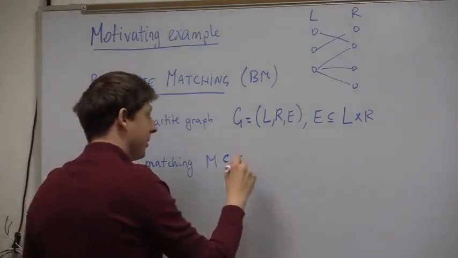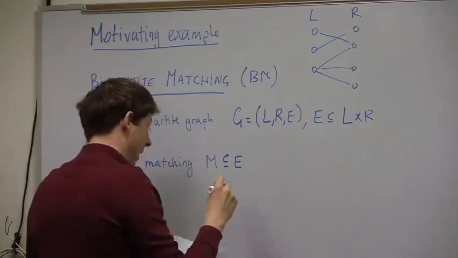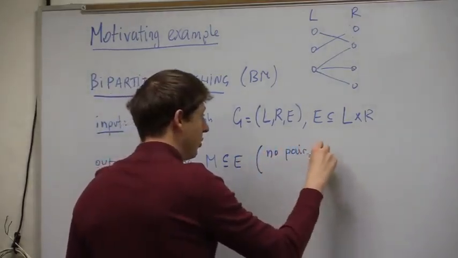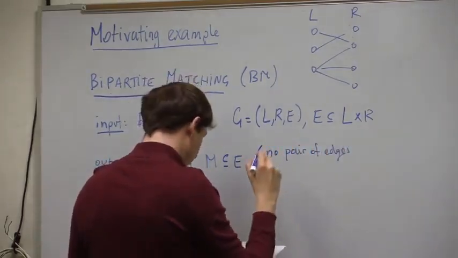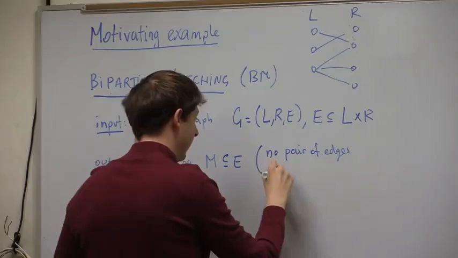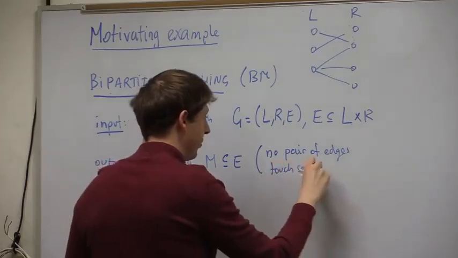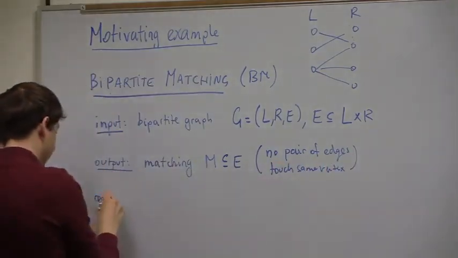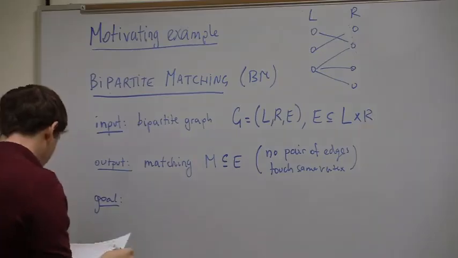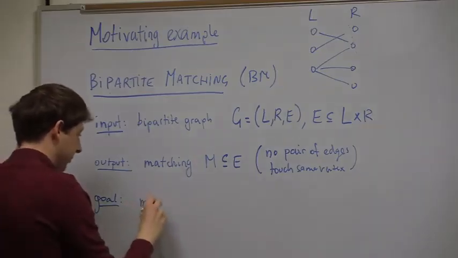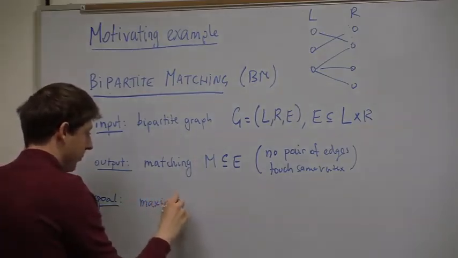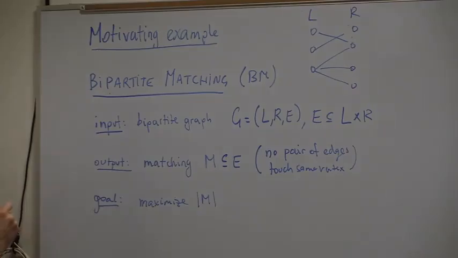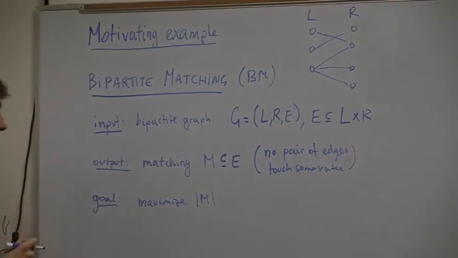It's a set of edges in this graph where no pair of edges touch the same vertex. So we'll see an example in a moment. And the goal is we want to maximize the size of the matching, the number of edges in the matching.